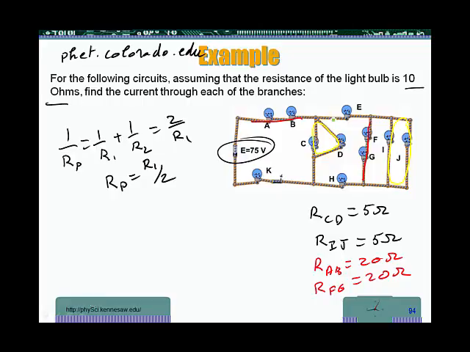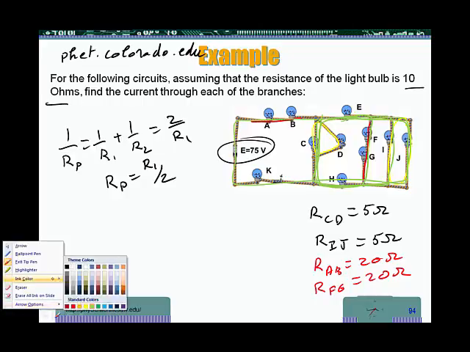Let's try E. If I go in a loop around this, to go back to E, I still have to go through H. So RE and RH are in series.